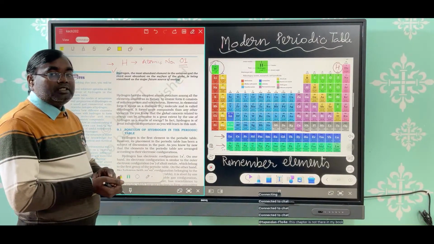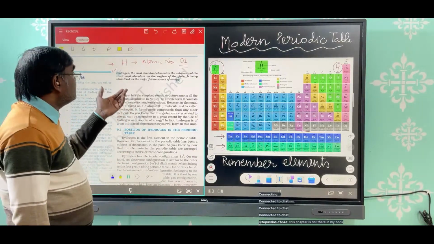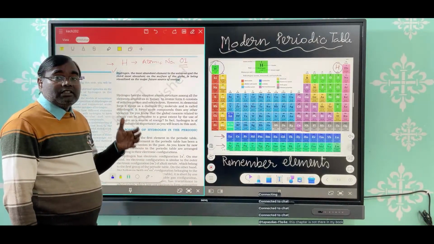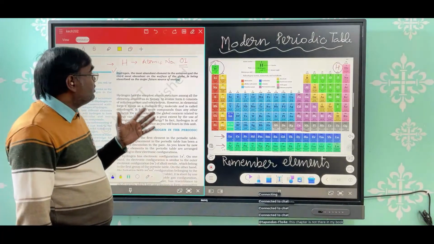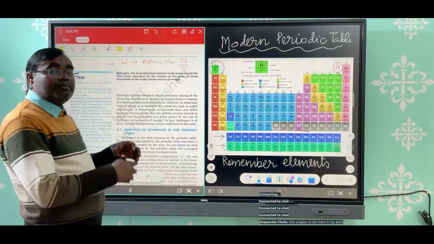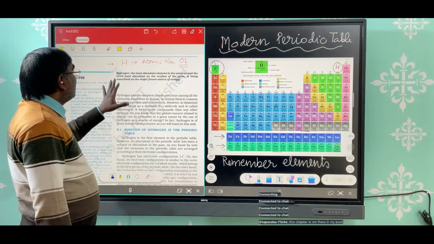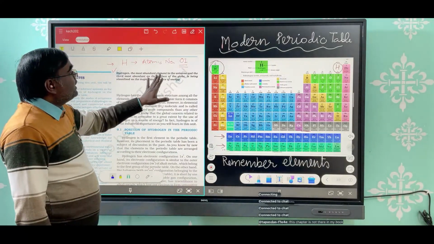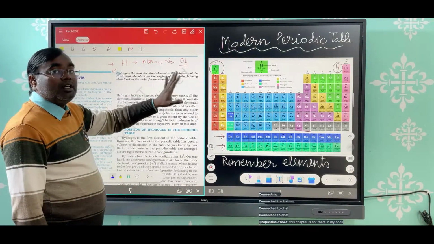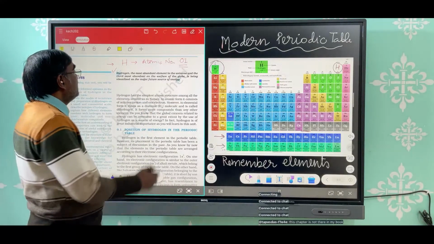But on the earth, it is in small quantity. There are reasons: because it is the lightest in weight, it has the capacity to escape. So that's why hydrogen is the most abundant element in the universe mass wise, and the third most abundant on the surface of the globe.